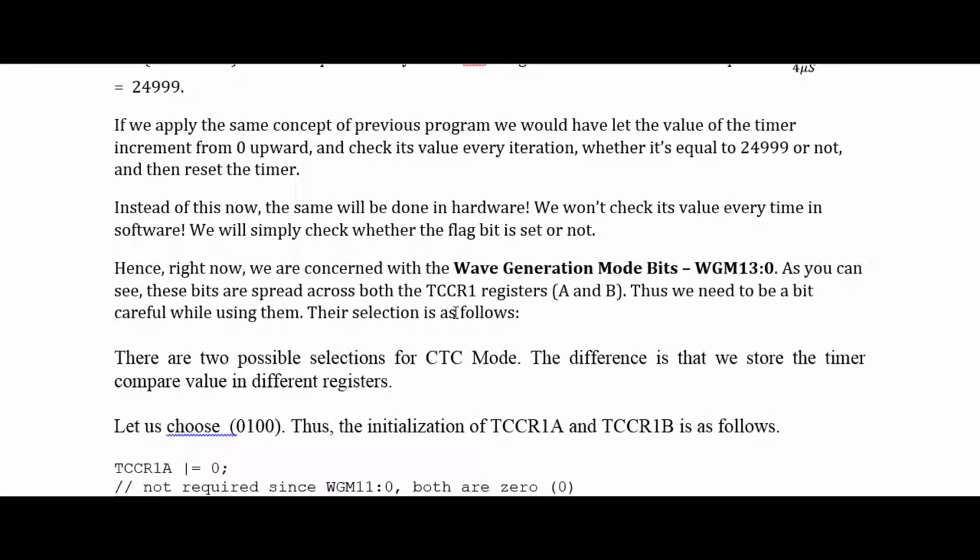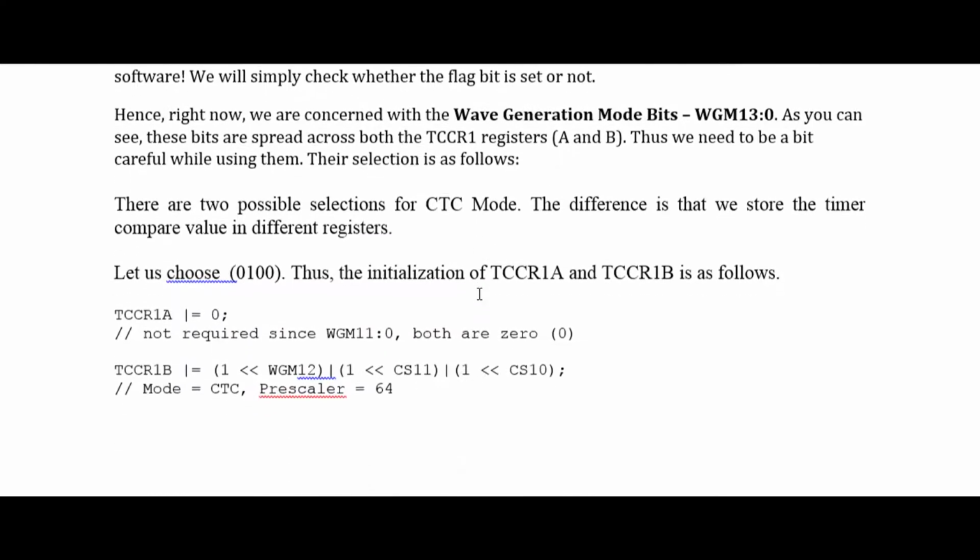Now, instead of comparing the value 24999 as we did before, we will use the CTC mode. How do we adjust the CTC mode? Of course, using TCCR1 A and B in timer 1.